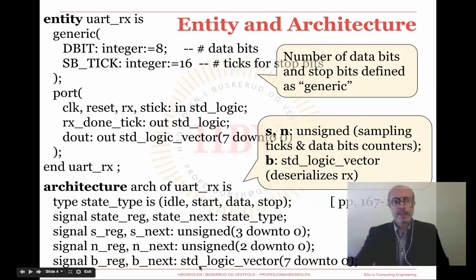But the deserializer signal may be declared as standard logic vector, since this data type supports the operations that we will use for shifting. And we have, of course, the user-defined data type needed to represent the control path states and the corresponding state register and state next signals.